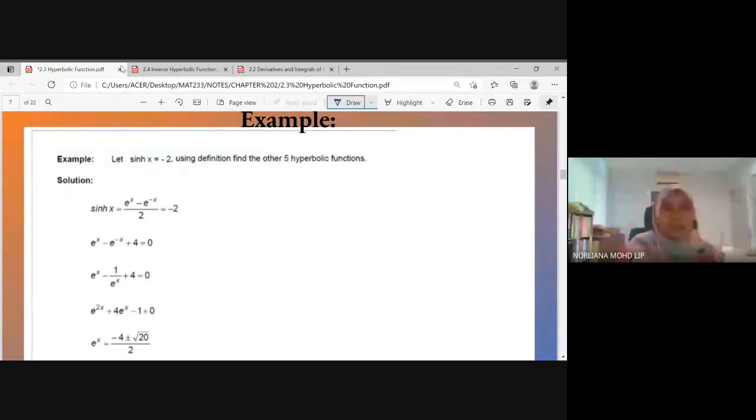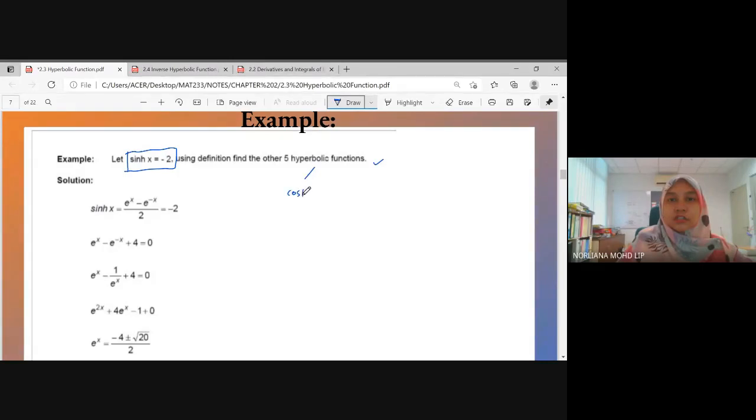Okay, let the hyperbolic sine equal to negative 2. Given hyperbolic sine equal to negative 2, and because of what? Hyperbolic tangent.